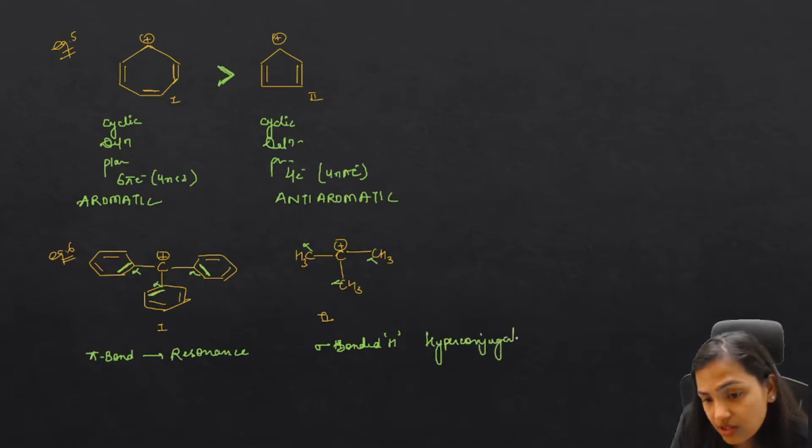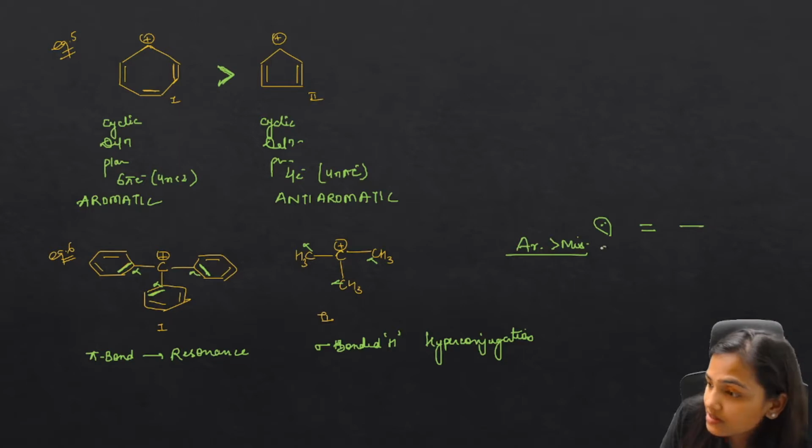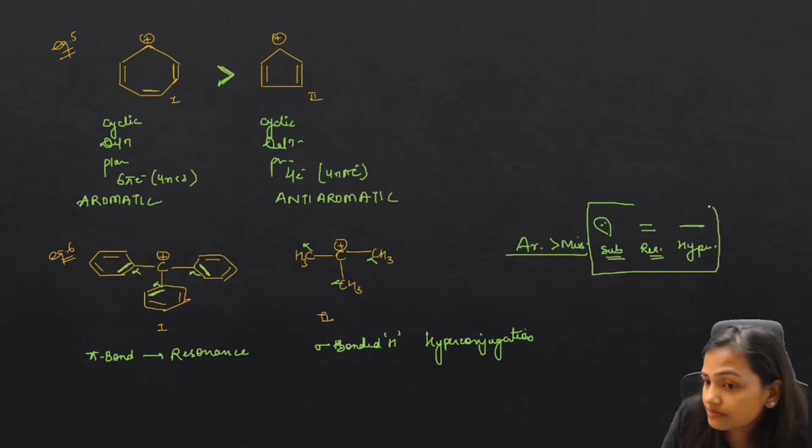And in the order which I discussed with you, aromatics are more stable, and then the miscellaneous. Then comes the lone pair, pi bond and sigma bond. Lone pair means substituent effect, pi bond means resonance, sigma bond means hyperconjugation. Then after that comes the percentage of s character.